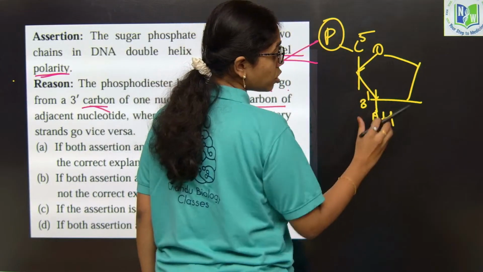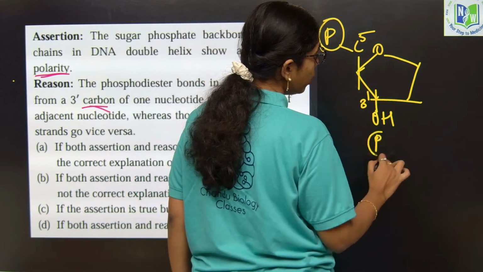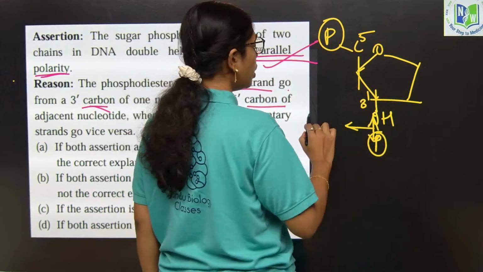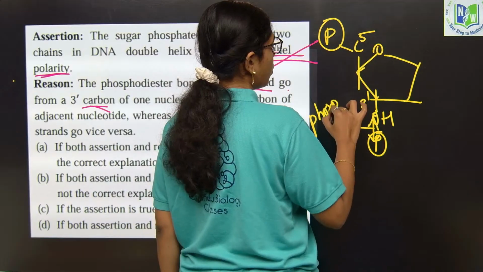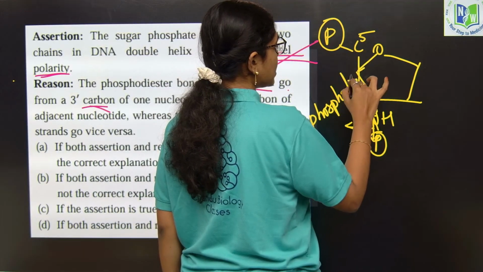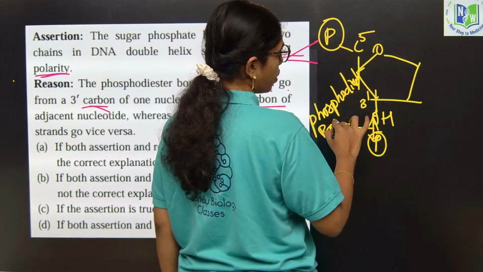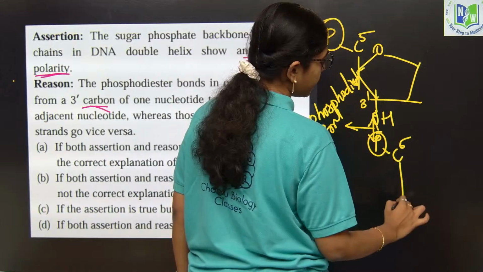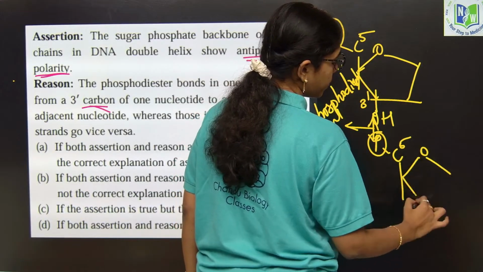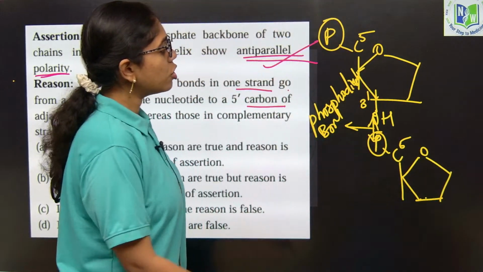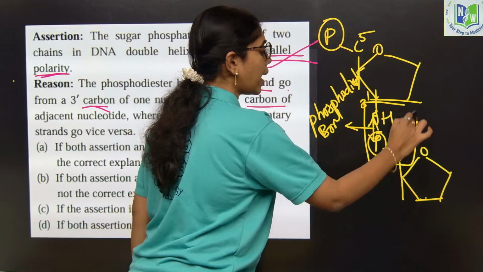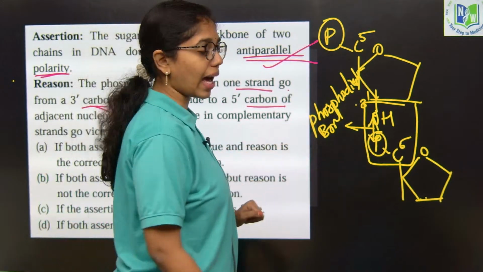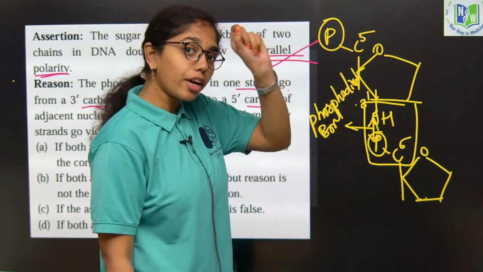This OH group is connected to the phosphate group by a phosphodiester bond, and that phosphate is again connected to the 5th carbon. So this is the phosphodiester linkage between the 3rd carbon of one nucleotide and the 5th carbon of the next nucleotide of the same chain.